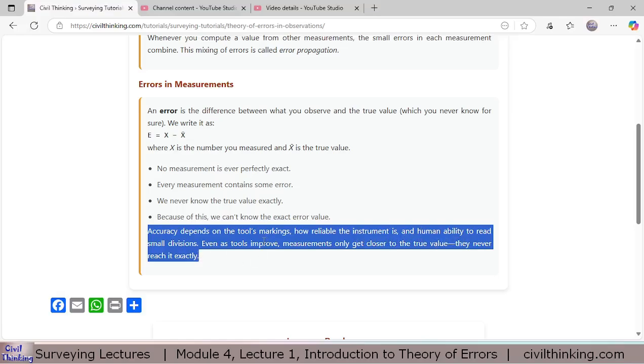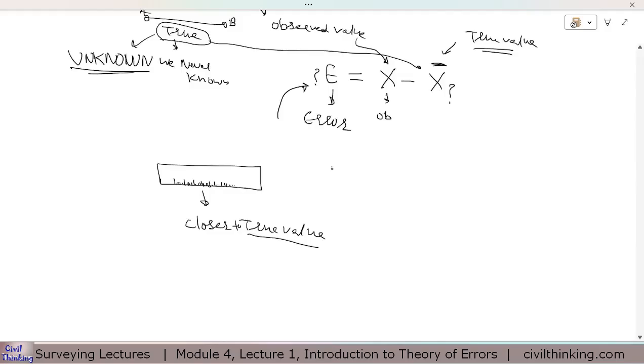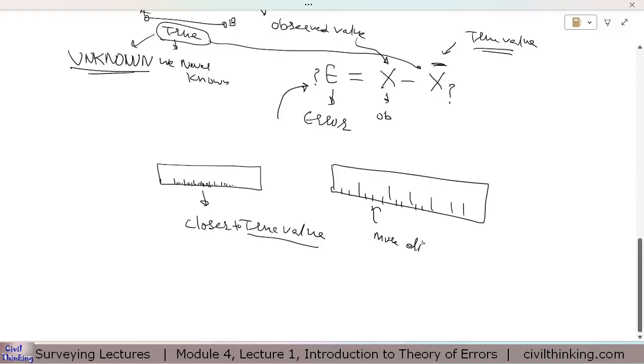For example, this is a scale with divisions. The more divisions, the more precision, because if the scale has a greater number of small divisions, we will be able to measure more closely.